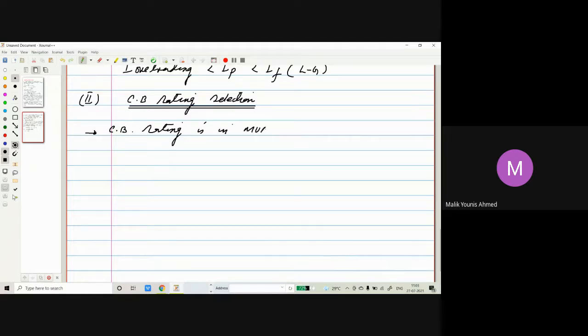Everybody knows that it's MVA, megavolt amperes. Then circuit breaker rating is contrary to what we use in the case of the relay. Circuit breaker rating is based on the most severe fault, because we have to isolate it.